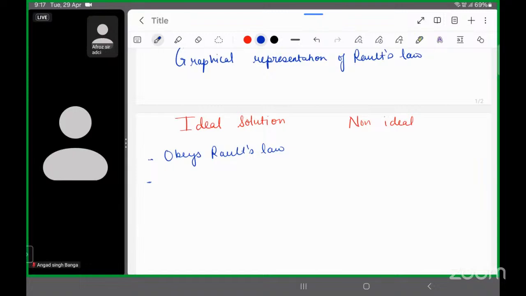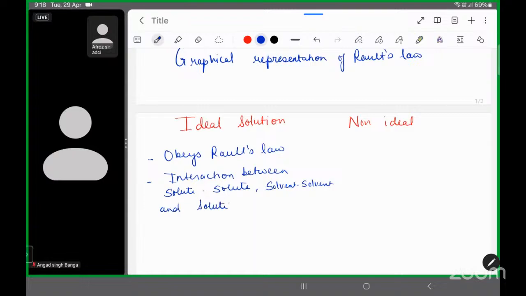You can say like this: the interaction between solute-solute, solvent-solvent, and solute-solvent are the same.